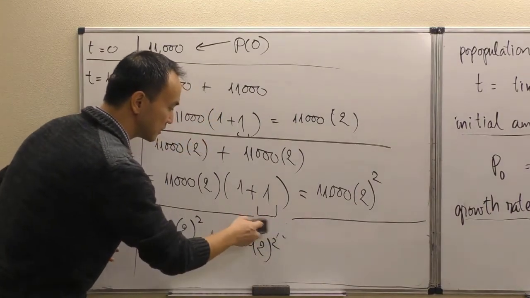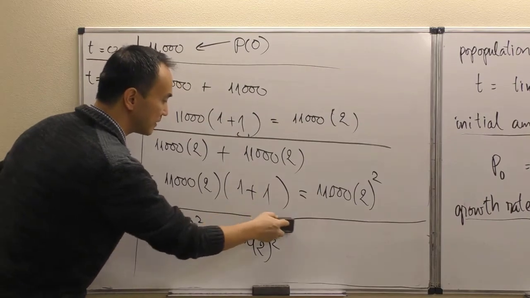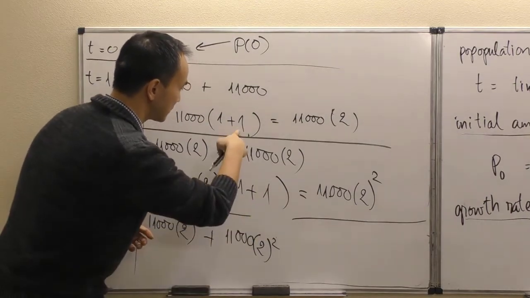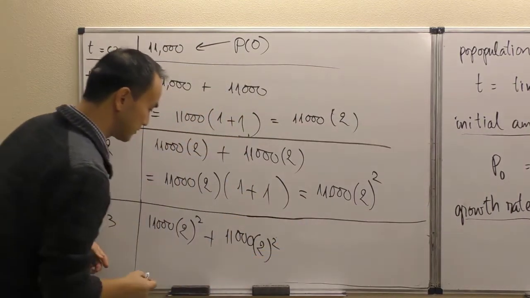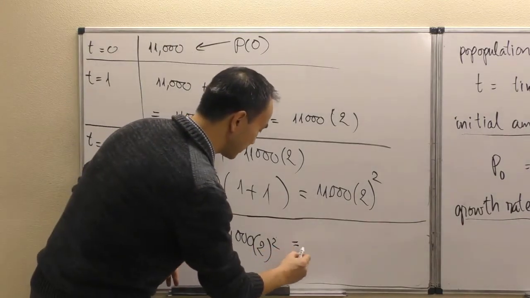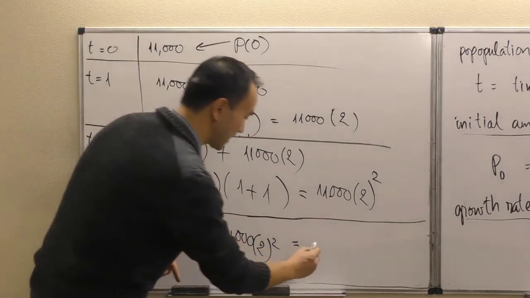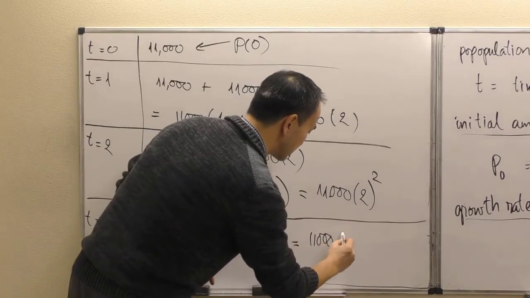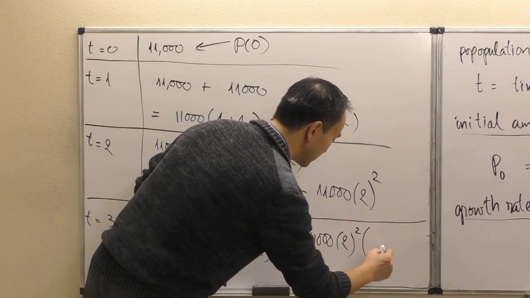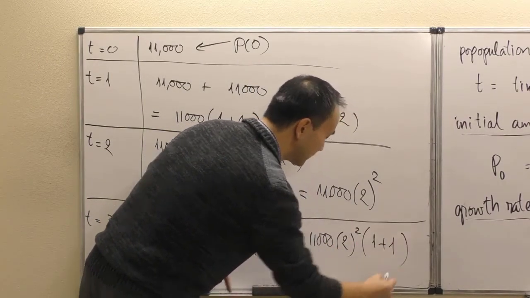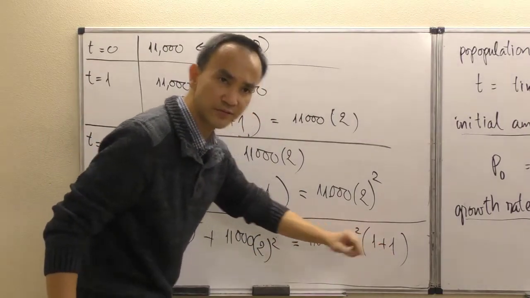And now I'm going to clear this away. All right. And so now, after factoring out this common factor, it's 11,000 times 2 squared, but I have in another set of parentheses 1 plus 1. This is another 1 plus the rate.